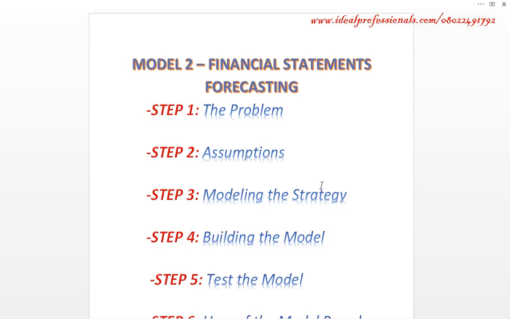Then we also used our assumptions, different kinds of assumptions. We also modeled the whole, and we built our financial statement, and we tested that everything is balanced. Also talked about the flexibility.